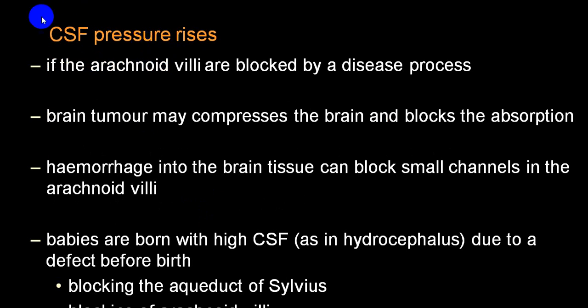So if at the arachnoid villi there is blockage by any disease like meningitis, encephalitis, hemorrhage, tubercular meningitis, etc., you will have a blockage of the arachnoid villi, which will block CSF absorption.